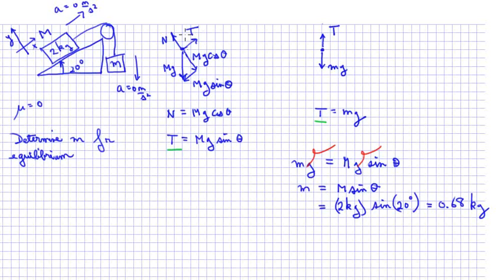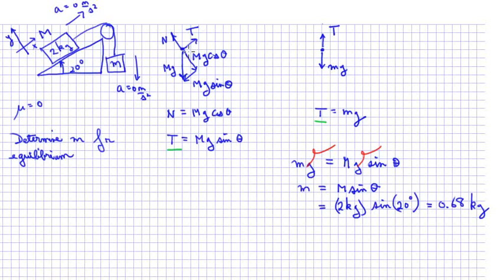So the big M has, let me back up for a second here. There's 3 forces acting on big M. The tension of the string, the normal force of the plane that's acting perpendicular to the plane, and the weight, Mg.